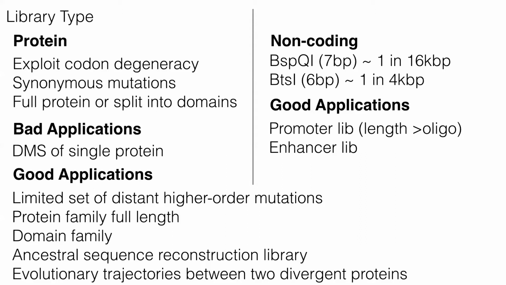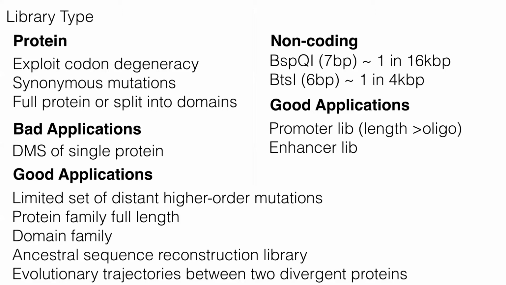If you have a protein family that you want to synthesize in full length, and the lengths work into the lengths that we can synthesize. If you have a family of domains that you can fuse, using protein engineering, to other required domains that you can maintain in a conserved fashion, this could potentially be a useful way.